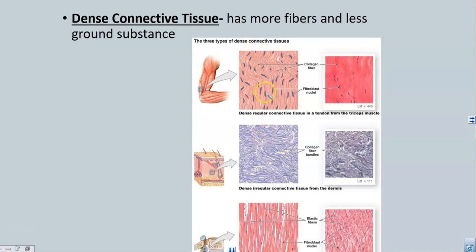So you can see they're lining up for dense regular, and for dense irregular, they don't line up. This allows for pulling in one direction. This allows some pulling in multiple directions. So the irregular allows for tension in multiple directions, and the regular only allows it in one direction.